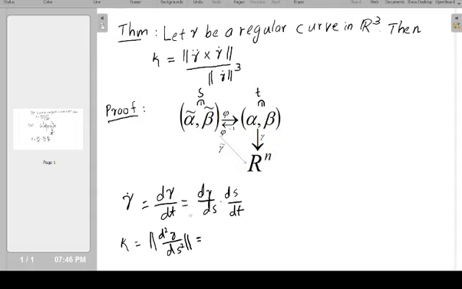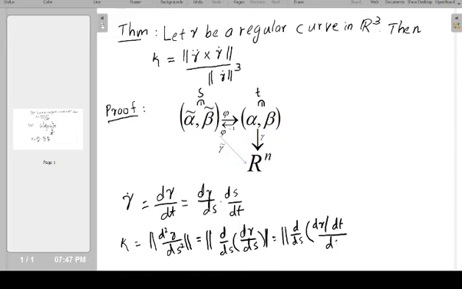So that is equal to the norm of d by ds of d gamma by ds, that is equal to the norm of d by ds of, I am going to write d gamma by ds as d gamma by dt divided by ds by dt.